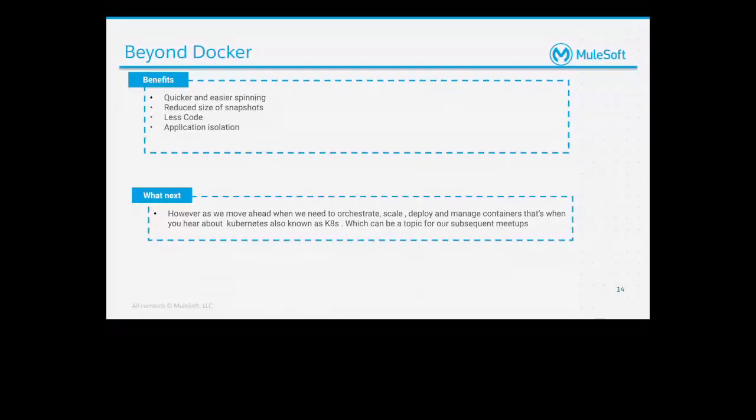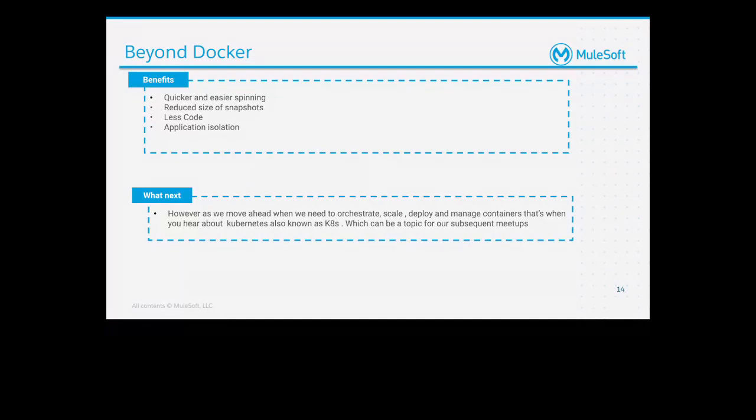So what next? I think there's a very good question we got from folks asking about Docker versus Kubernetes. It's not versus. Once you have defined your image, spun up containers, hosted your Mule servers on them and deployed applications, all good, great. But what happens when you have n number of those containers running?